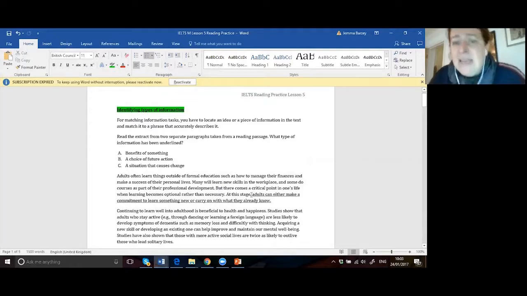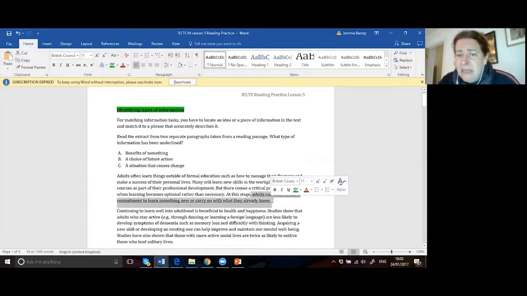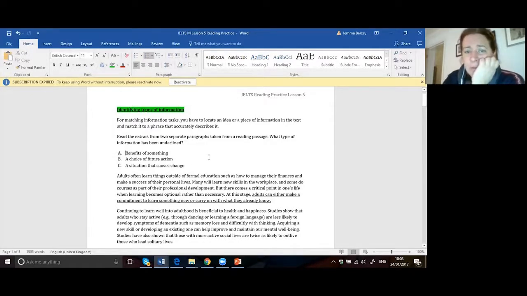So I've underlined a part of this paragraph, and just by reading the last sentence, can you answer whether it's A, B, or C, what the paragraph is about or what the sentence is about?